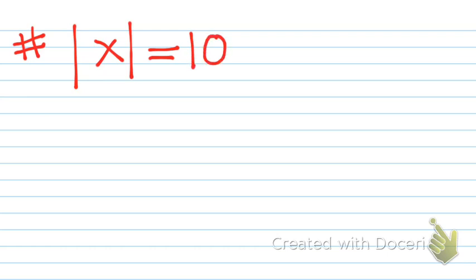Number 1. We are given the absolute value of some number x equals an absolute value of 10. To solve an absolute value, the absolute value must be by itself.